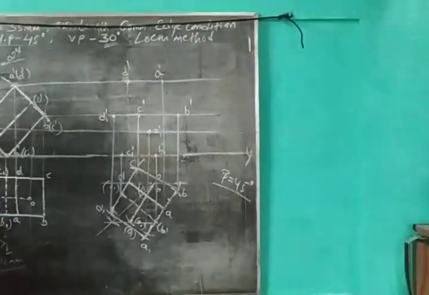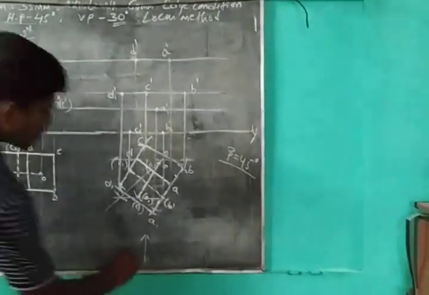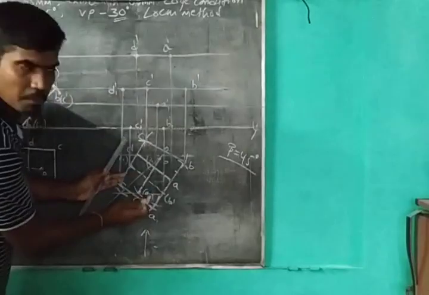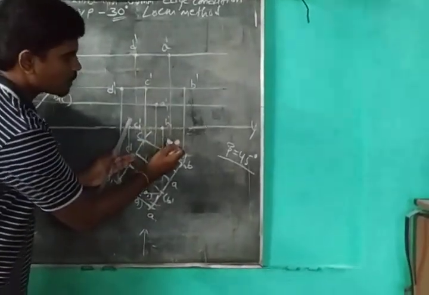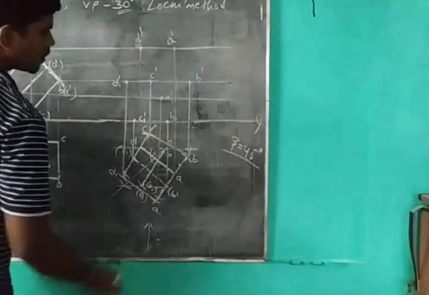So if you see from the front side, this bottom face is visible and this top face is not visible. Only this bottom face and the edges. So first you have to write the bottom face.